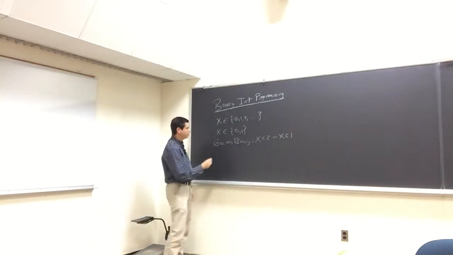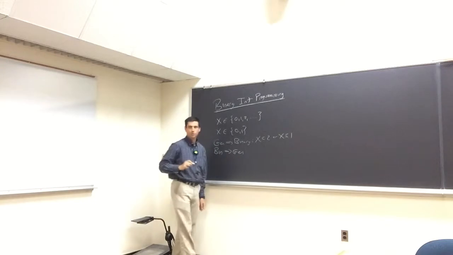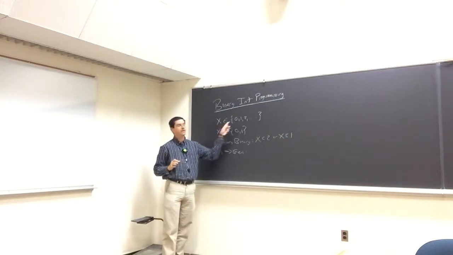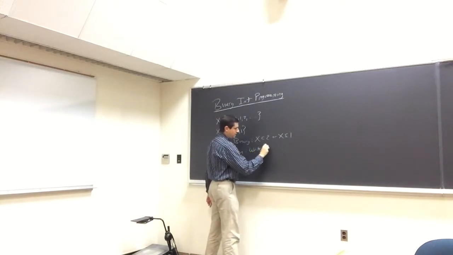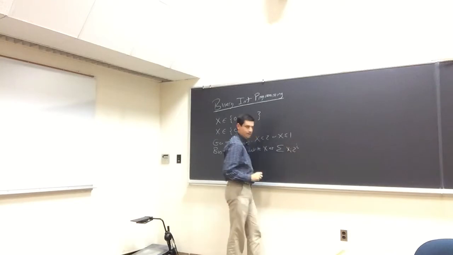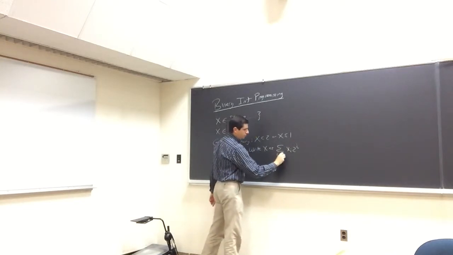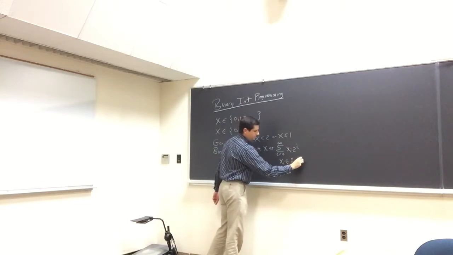The other one is, what about going the other direction? Binary to general. And this was what was just mentioned a moment ago, is you write any number in base 2. So write x as the sum of x_i 2^i, i goes from 0 to infinity, x_i is in 0, 1.